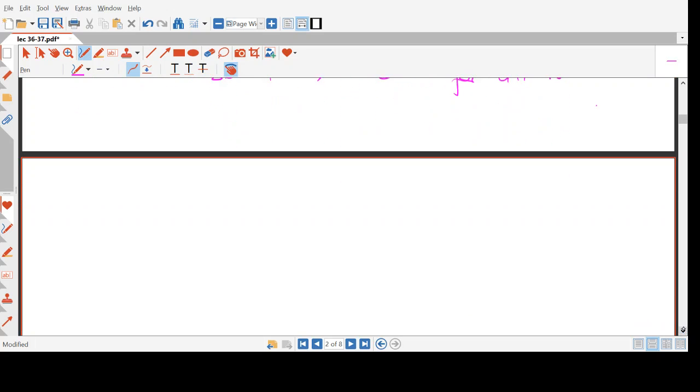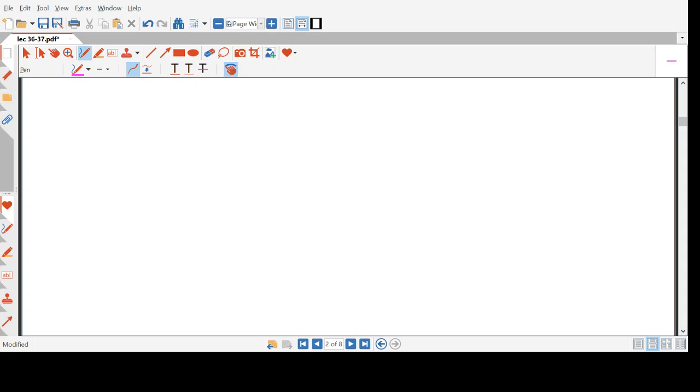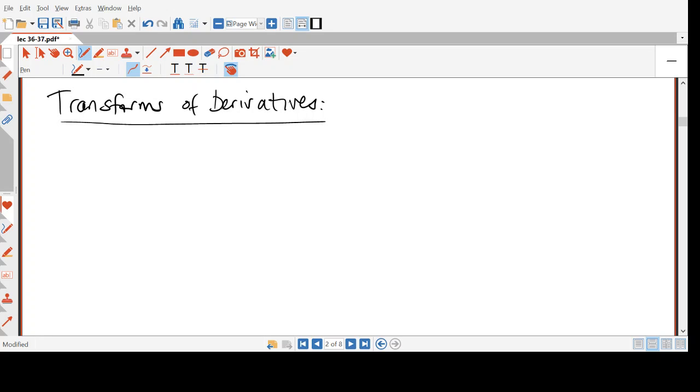Now, let me talk about the transforms of derivatives, some of them, not all. In the applications, we're going to be dealing with the heat equation.